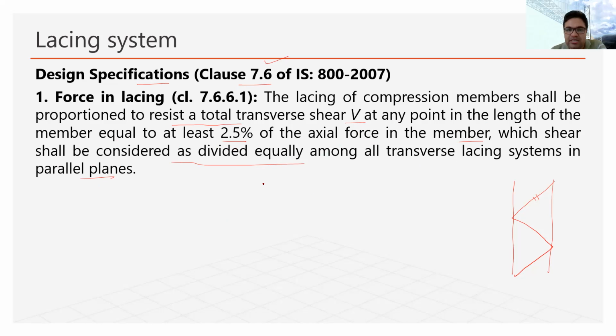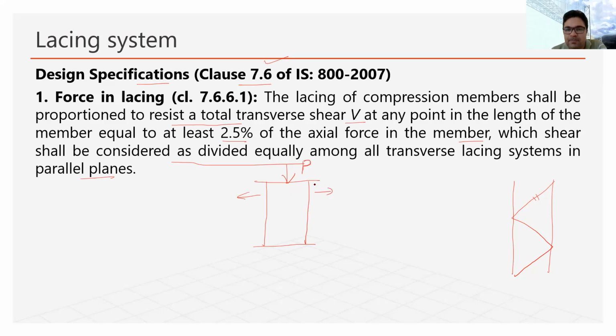Basically, we have to understand, these are the two components that we have to connect with the lacing system. These two components support the main load, say this is P. When this load comes, these two members will try to get away like this.